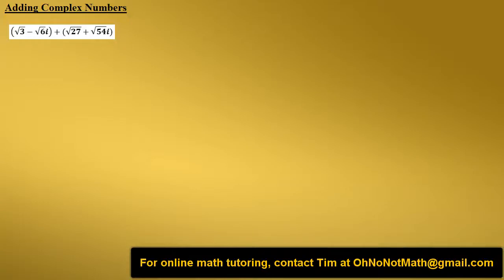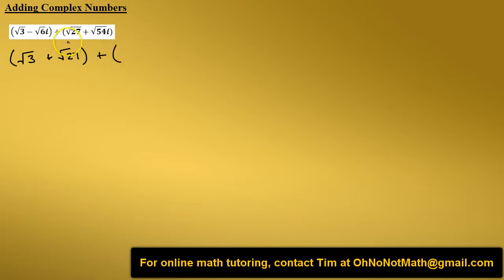Adding complex numbers. Our problem is the square root of 3 minus the square root of 6 times i, plus the square root of 27 plus the square root of 54 times i. So let's put our real parts together. We have the square root of 3 plus the square root of 27.